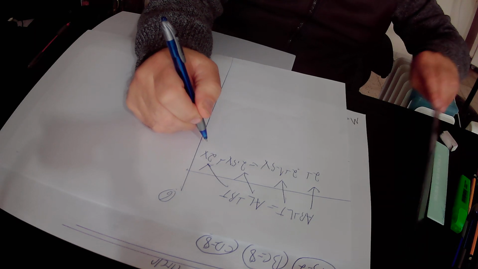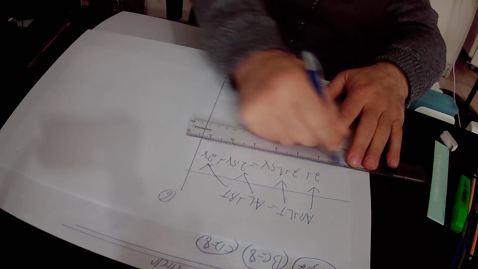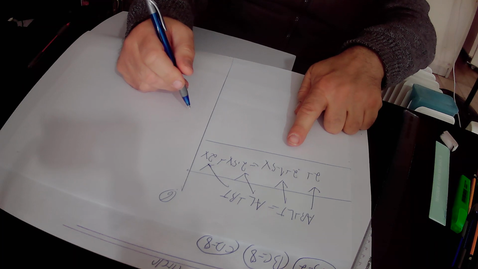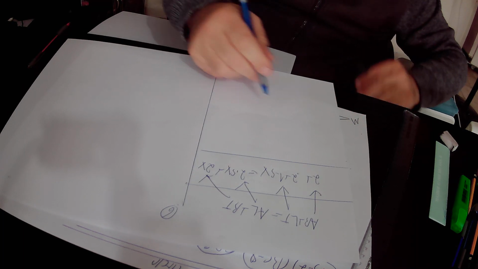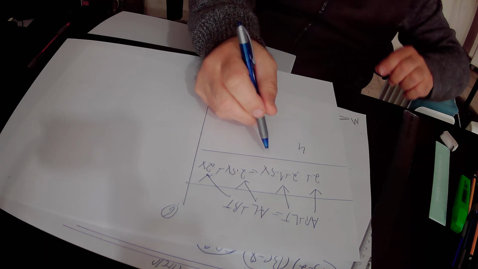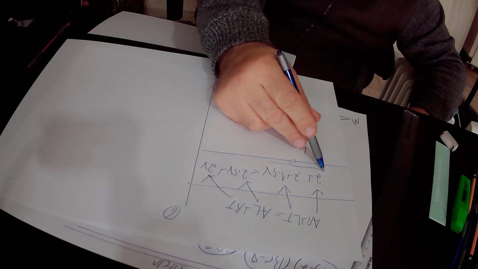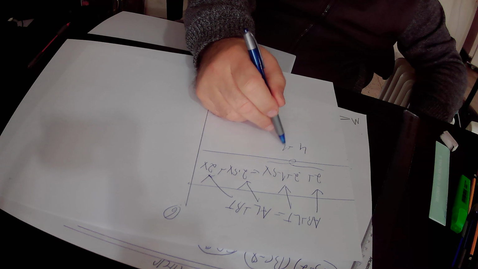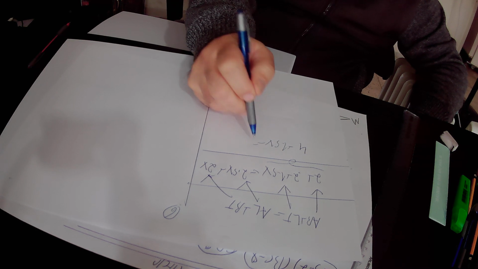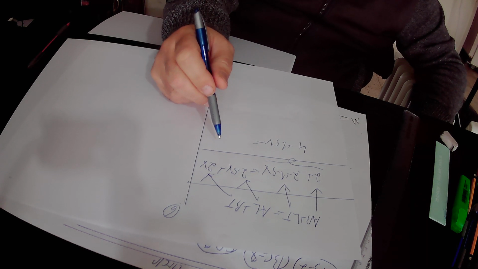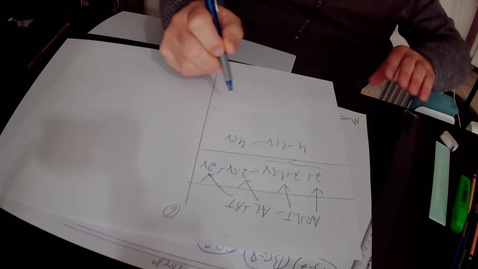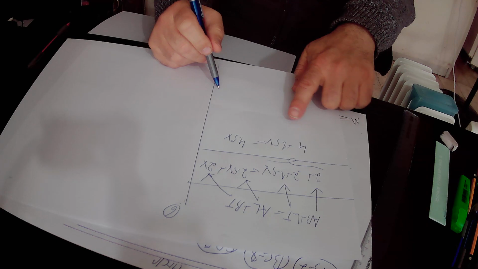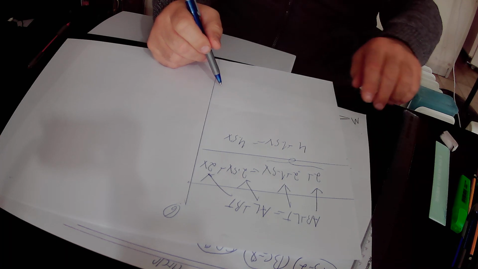In conclusion, 2 plus 1.5x equals 2.5x plus 2x. 2 plus 2 is 4, so on this side we have 4 plus 1.5x. That equals 2.5x plus 2x, which is 4.5x. So 4 plus 1.5x equals 4.5x.